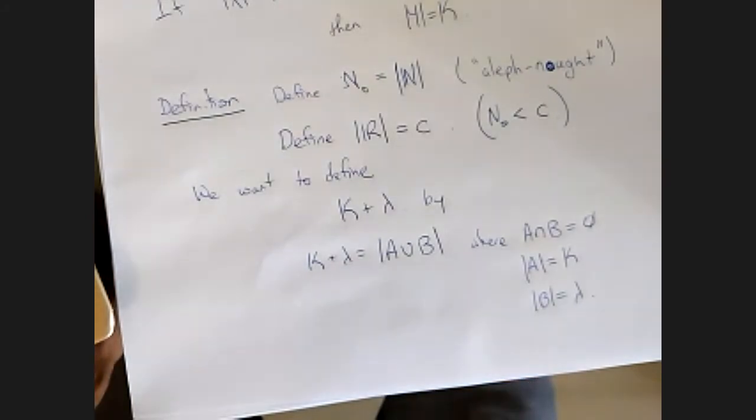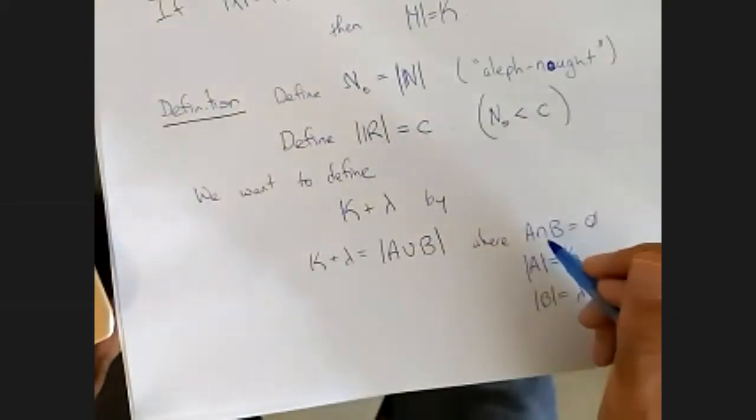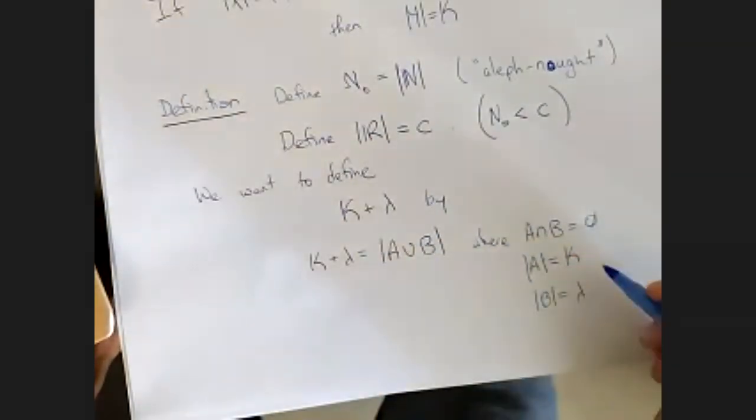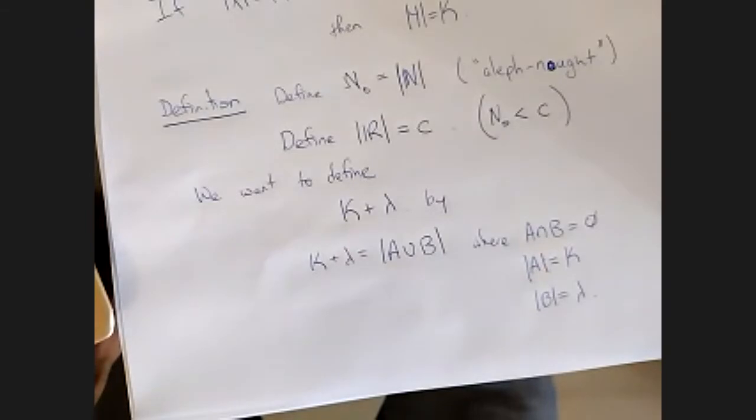This gives us a way to define the sum of two cardinal numbers. We just put them together and take that cardinality, and we define that to be the cardinal number kappa plus lambda.